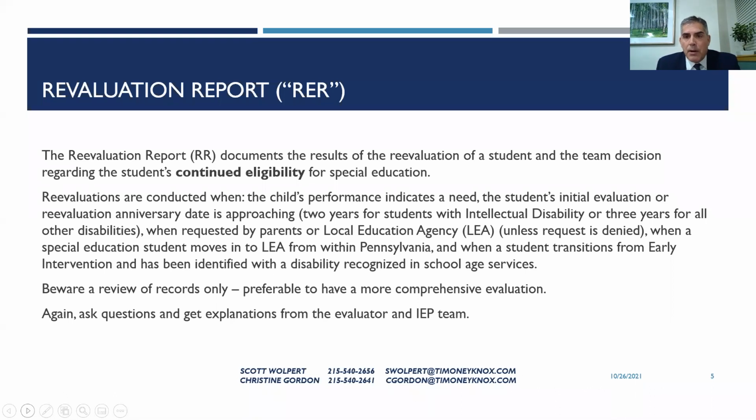That's much better than a review of records report. So I would encourage you to be real cautious about review of records, and then ask questions, get explanations from the evaluator, get explanations from the IEP team. These are really important documents that will lead to programming decisions, content, placement decisions, and it's so important that they're done properly. Hold the schools accountable to make sure they do these properly.